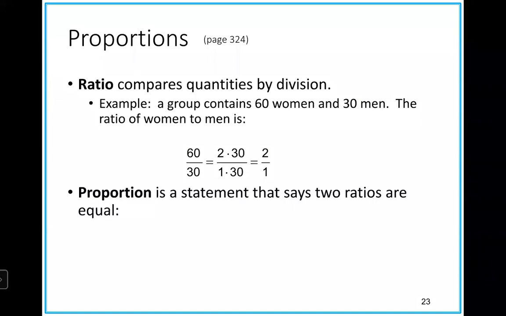But when we are talking about proportions, we are actually looking at two ratios. It could be more than two, but at least two. So a proportion states that two or more ratios are equal.